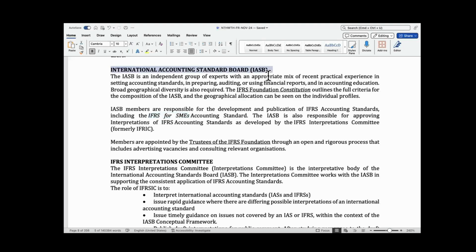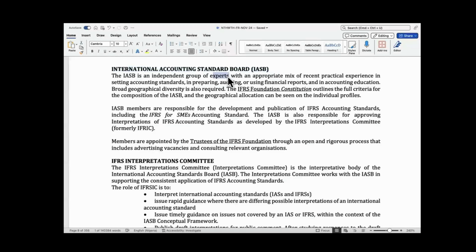And of course, the members of this board must be experts who must have international practical experience about setting accounting standards, about preparing, auditing, or using financial reports, and also in accounting education, right? So you must have worked in several continents as well, right?